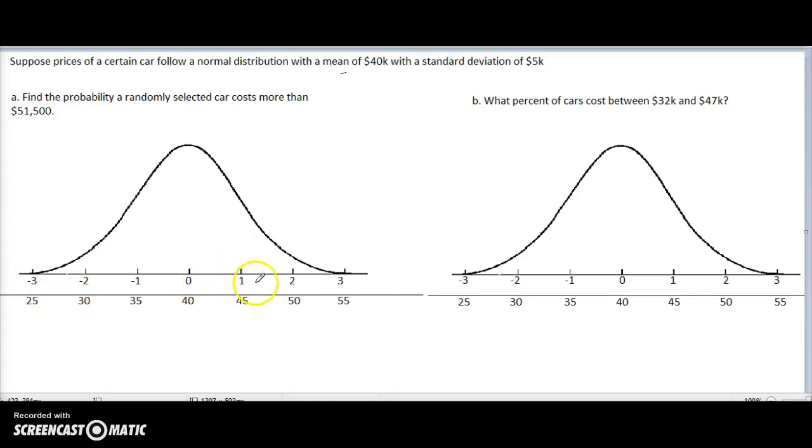Okay, so let's draw what we want, costs more than 51,500. So 51,500 is probably around here. So let's just draw that in. That's 50. Just remember what we're looking at.